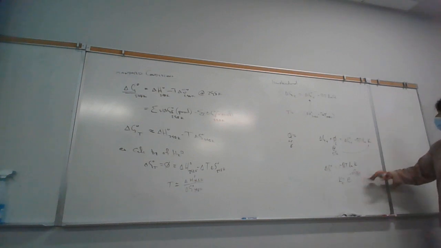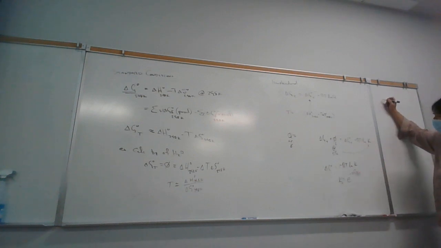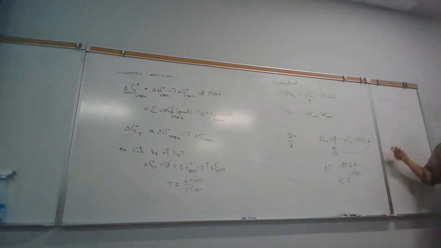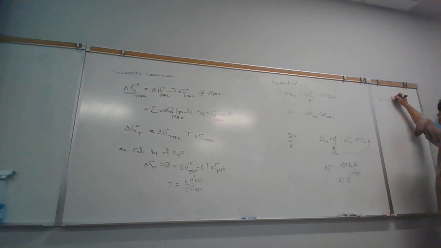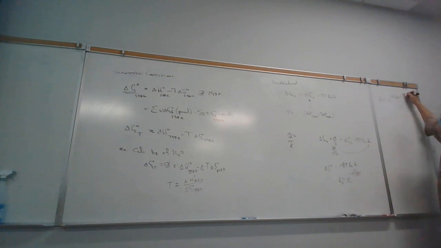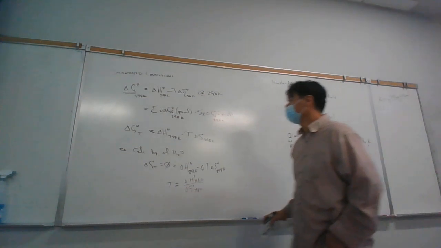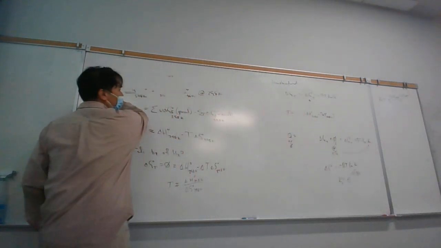The other thing we're going to get is this. If we don't know what delta G naught at that temperature is, then we can figure it out. We could do it as two calculations, or we can combine it as one calculation. That would be minus delta H naught at 298 minus T delta S naught at 298, divided by RT. That would be another option.